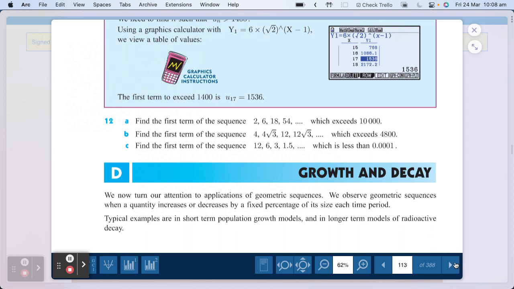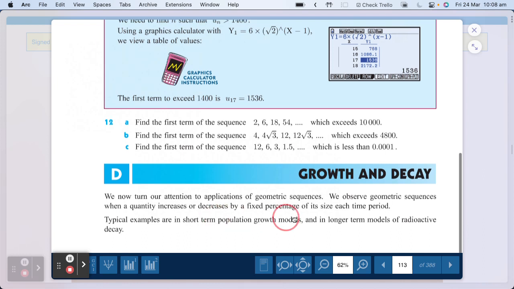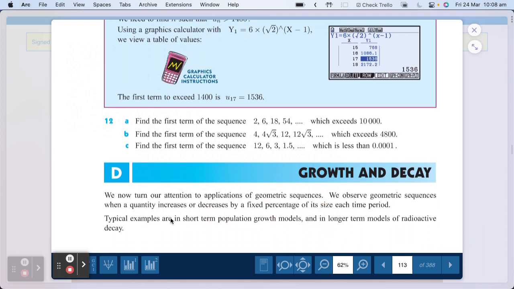In the growth and decay section, it talks about population growth models and radioactive decay as two examples of where we can use modeling. I have to say that when it comes to this sort of modeling, I'd almost always be using functions rather than geometric sequences.